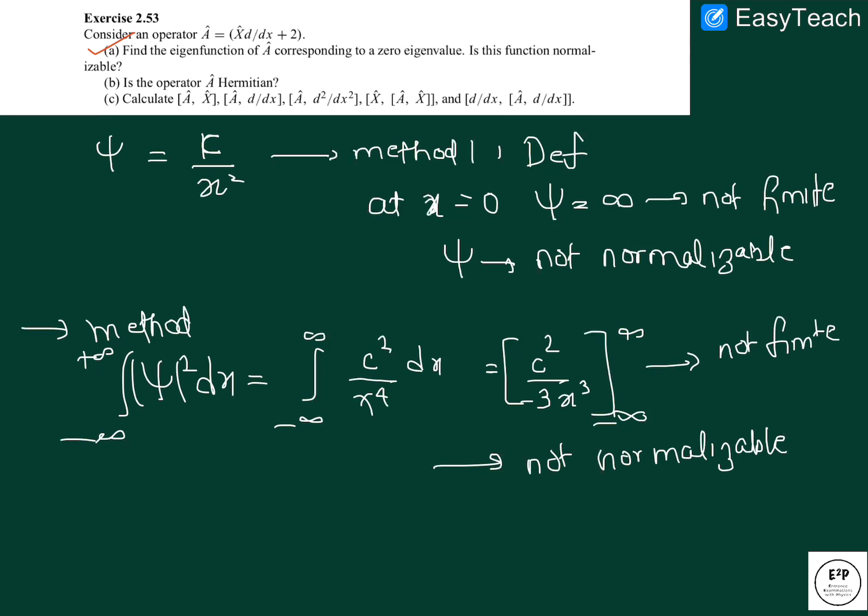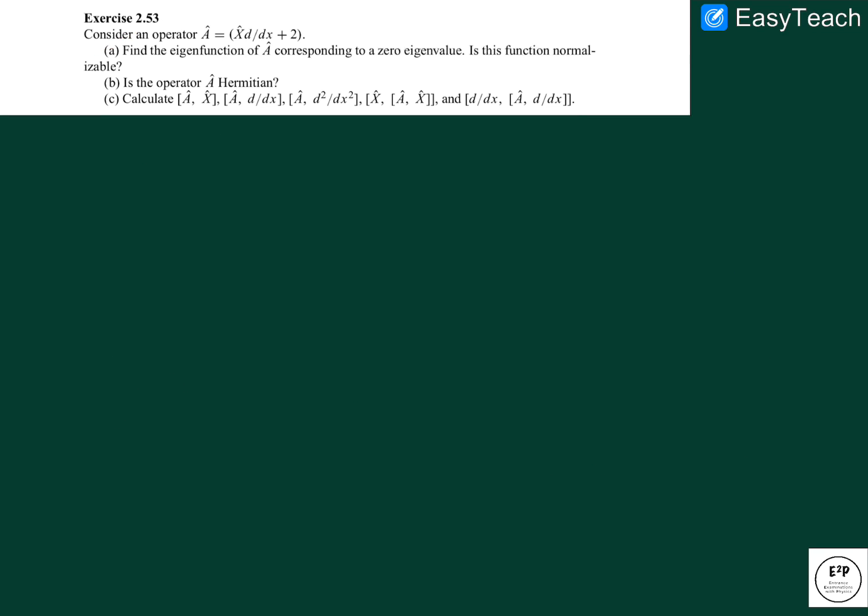Then we will move to the second part, to see if the operator A cap is a Hermitian operator. Before we go on proving that this operator is Hermitian or not, there are two things I would like to mention first.